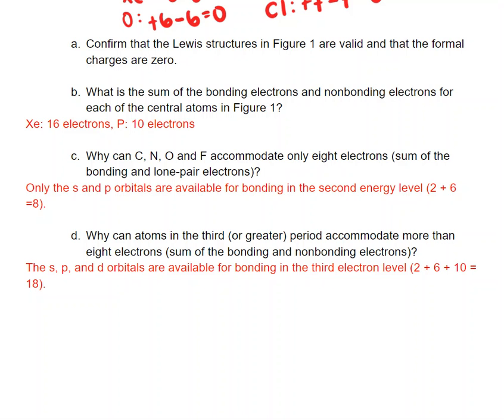But atoms that are in the third or greater period can accommodate more than 8 valence electrons, because they have the s, p, and d orbitals available for bonding in the third energy level. So I've got 2 from s, 6 from p, and 10 from d, which gives us a total of 18 electrons. So we can actually have Lewis structures that break the octet rule for atoms that are in the third or greater period.